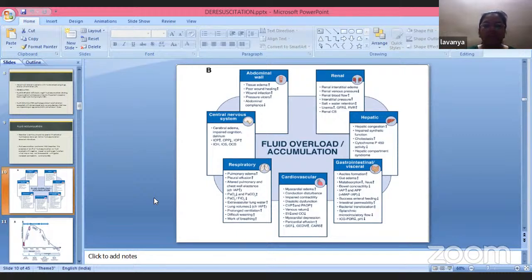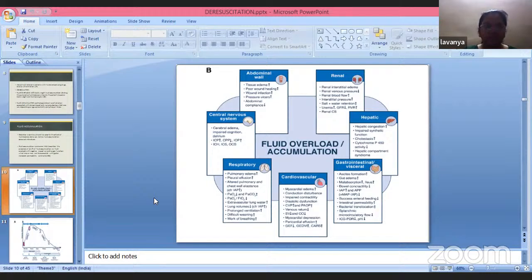On the CNS, there is development of cerebral edema and increased ICP, so intracranial hypertension can develop and lead to deleterious effects. On the abdominal wall, there is an increase in edema, poor wound healing if this is a surgical patient or any wound is there, and pressure ulcers also can develop. So these are all the deleterious effects of fluid overload or accumulation on different organs.